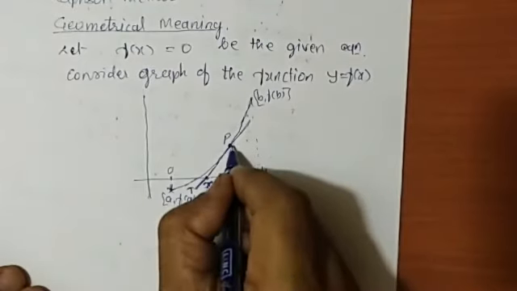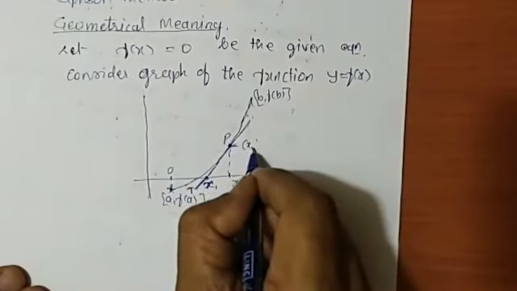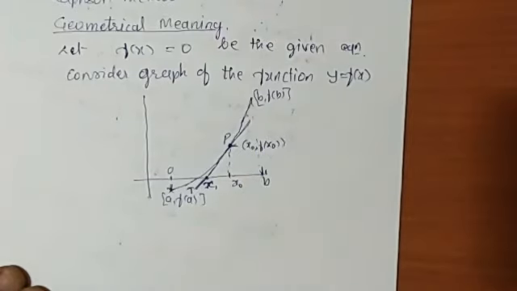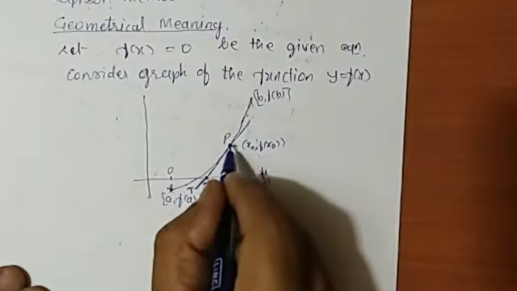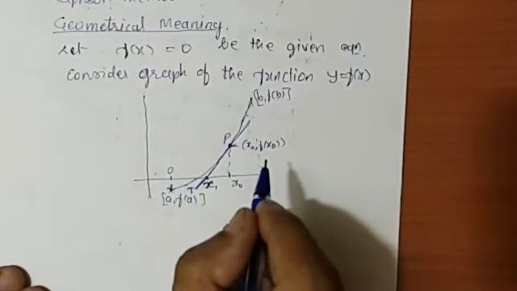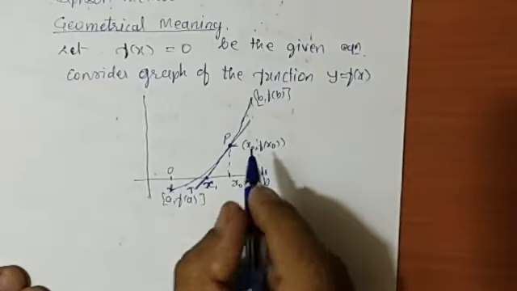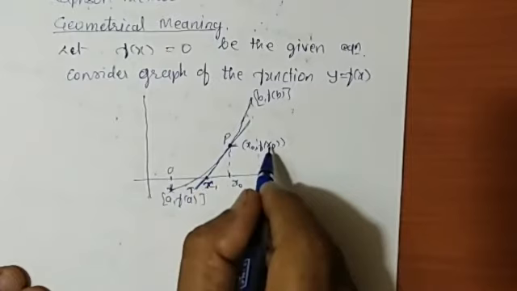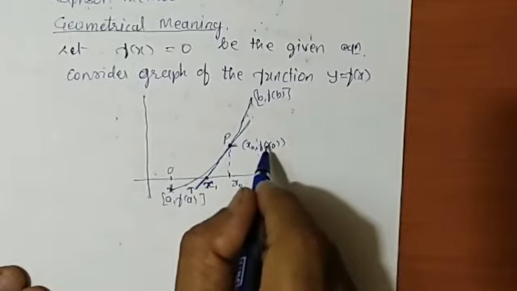See, this point is what? It is x naught, f of x naught, right? What is the equation of the tangent for the curve at x is equal to a? So what is the slope of the tangent? It is f dash of x naught, right?